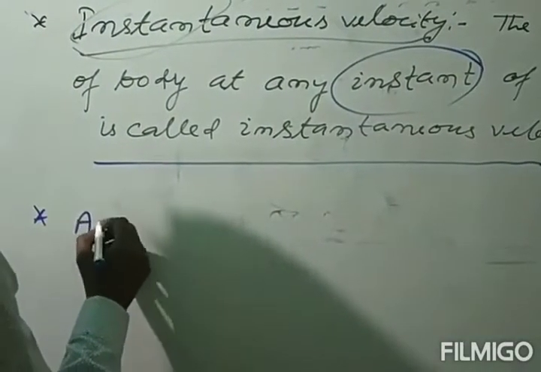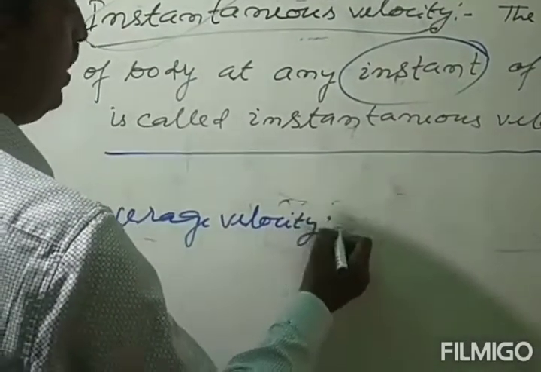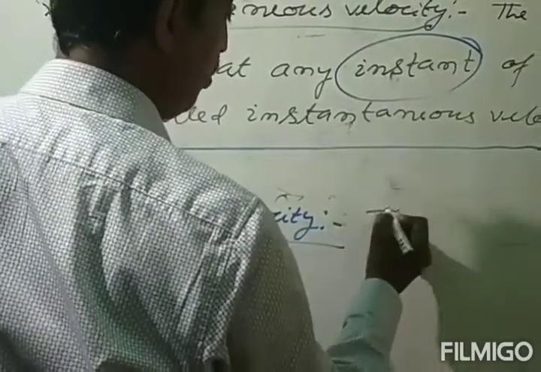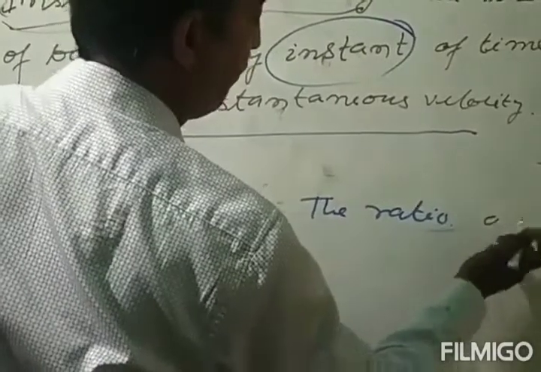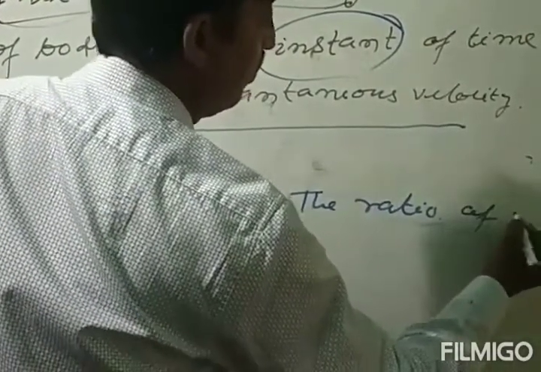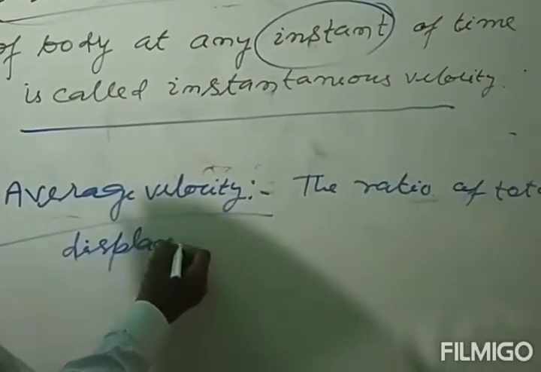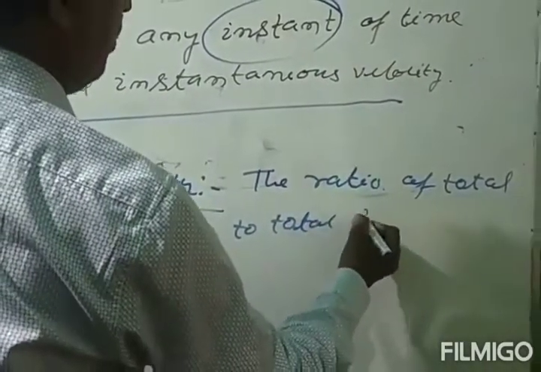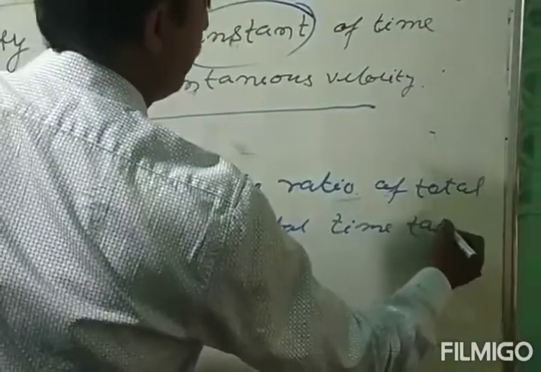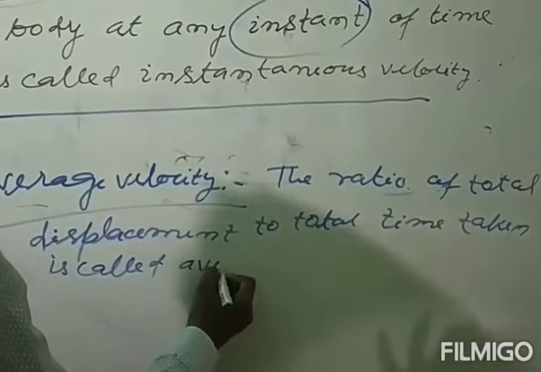What is average velocity? The ratio of total displacement to total time taken is called average velocity.